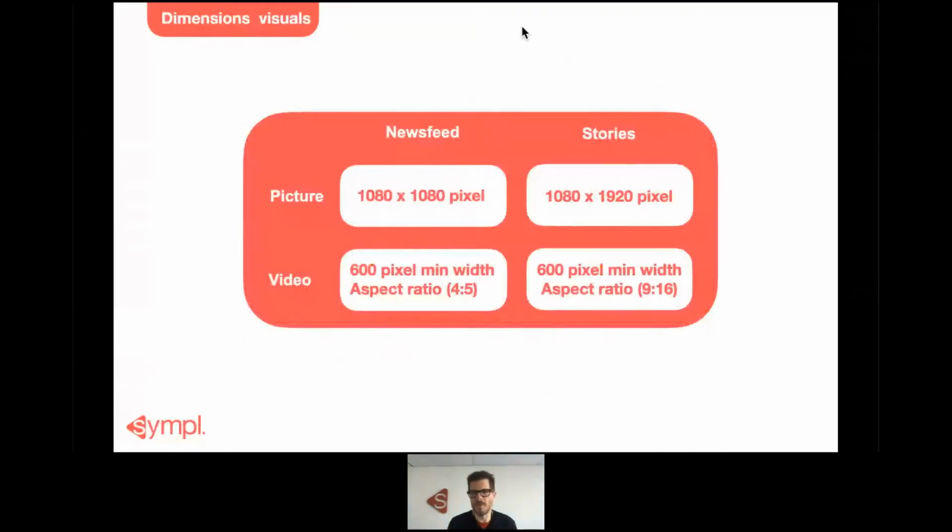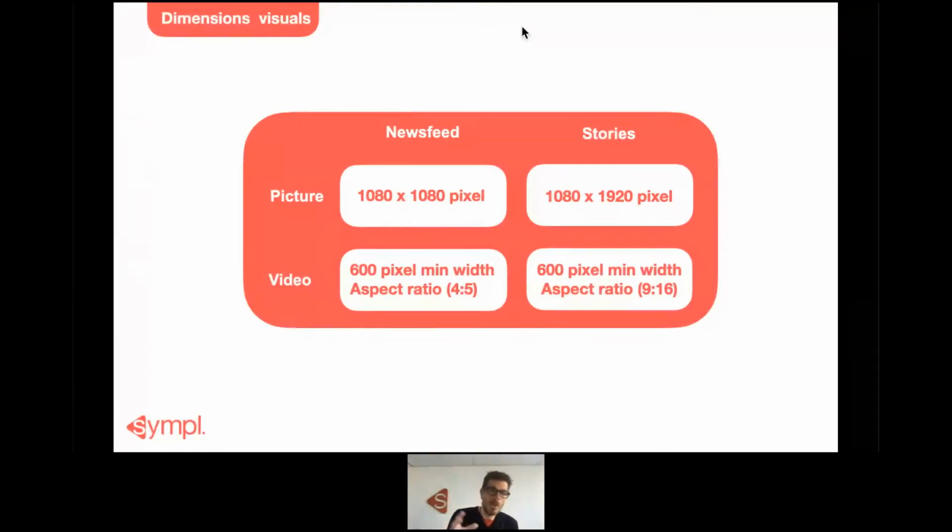And then finally, we talked about Facebook best practices. This is an important one to keep in mind. When you start selecting your picture, keep in mind the format that it's going to be used for. So the newsfeed, both Instagram and Facebook both have a newsfeed and now have stories. Pictures are different. You can always upload a standard picture, and Facebook will then start adapting it, put some bars on top or below it, but it's going to look ugly.